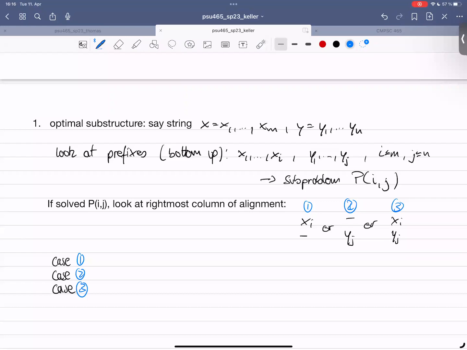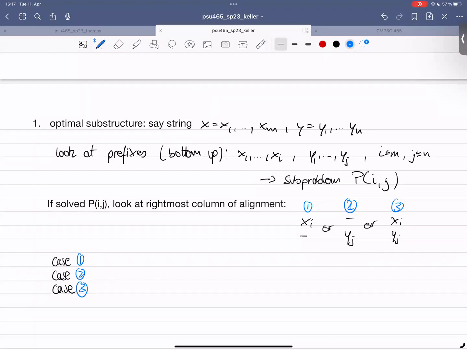What's the cost? Yeah, so 1, exactly. So 1 for this alignment to a dash or to a gap.